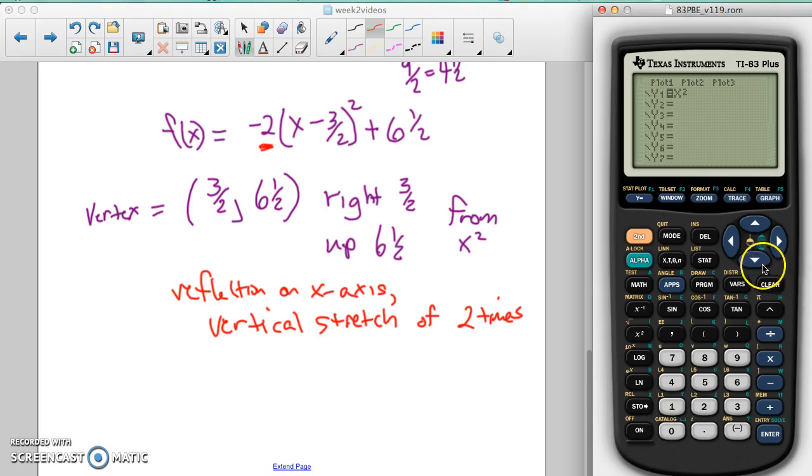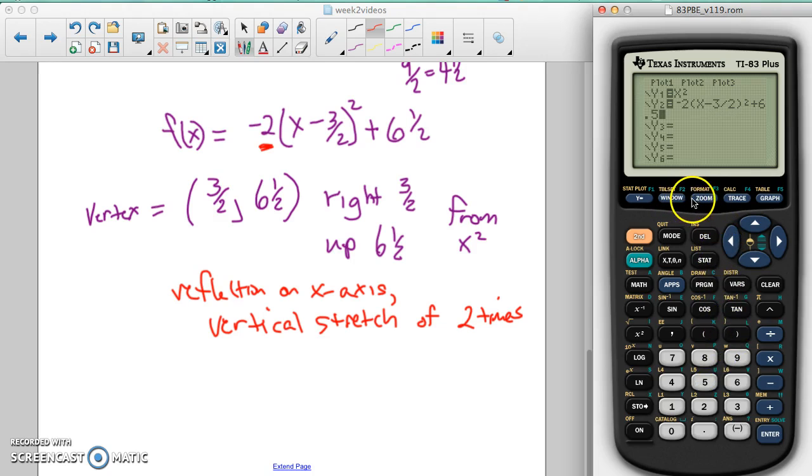So I have negative 2 parentheses x minus 3 over 2 squared plus 6.5. There's no way to write a mixed number on this one, so I'm just going to put 6.5 as a decimal there.